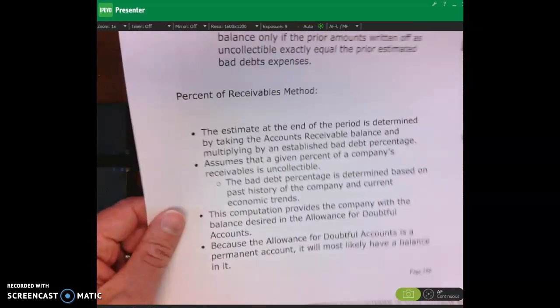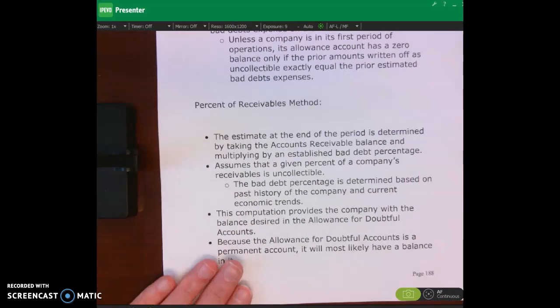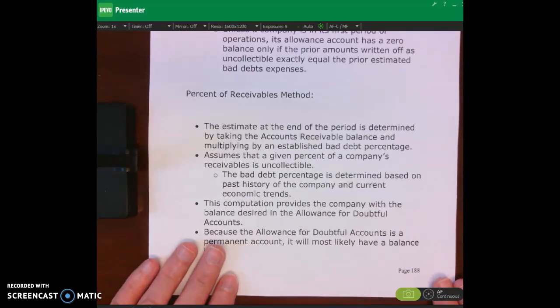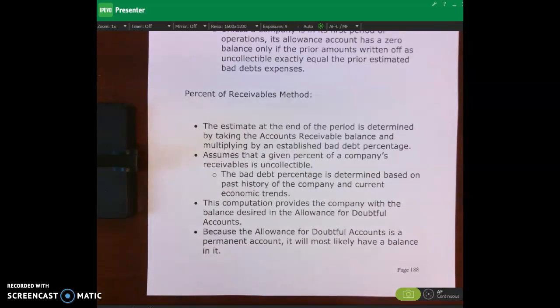The other way that we can do it is percent of receivables method. This way is a little bit trickier, okay? So the percent of receivables, what we want to do is we want the allowance for doubtful accounts to be a certain percentage of our accounts receivable. But here's the tricky part, is that the allowance for doubtful accounts is a permanent account. What does that mean? Remember, think back to Chapter 4, closing journal entries.